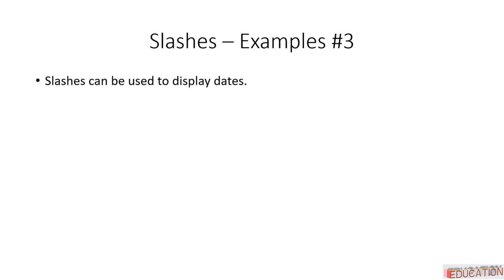We also use slashes to display dates. The meeting is scheduled for the 23rd of the 7th. Please note we would say the 23rd of the 7th, not "23/7." It's just a written abbreviation.